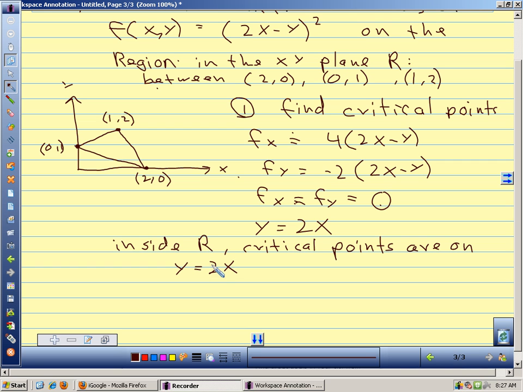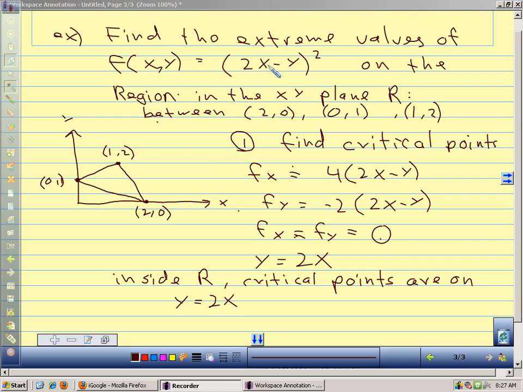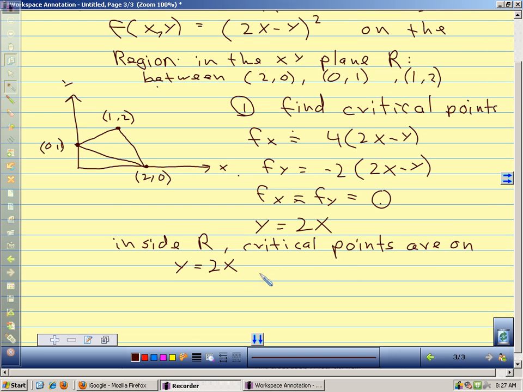So now what I'm going to do is plug 2x in for y in my original function. If y equals 2x, that tells me that f of x, y equals 0.